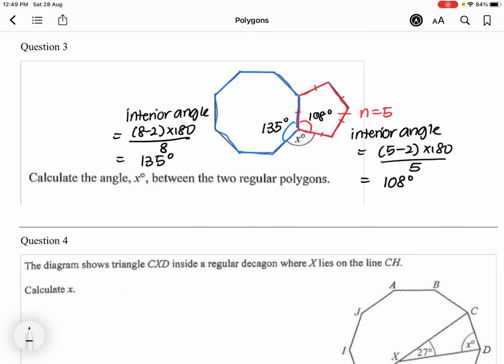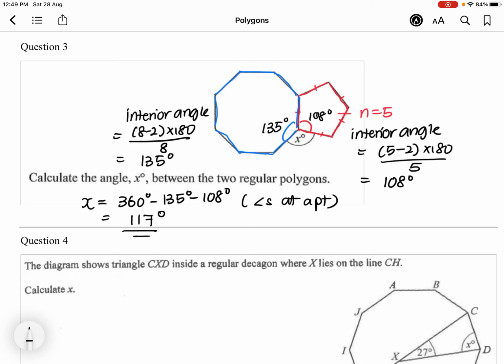And since we have angles at a point, every angle has to add up to 360, so we know that angle x equals 360 degrees minus 135 minus 108. And that gives me an angle of 117 degrees. This is angles at a point. So we have found x successfully.